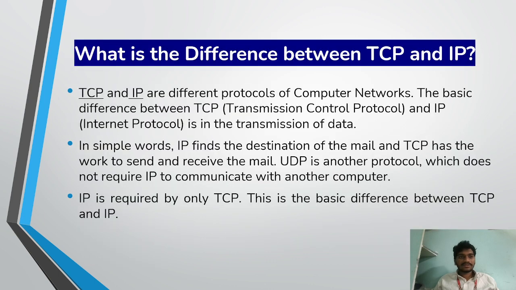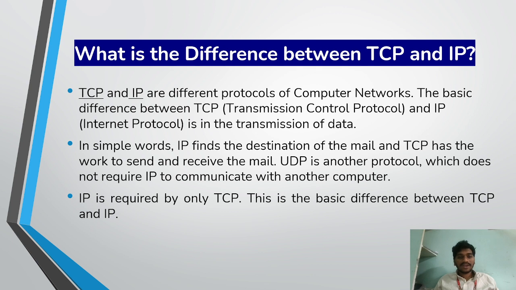Next, what is the difference between TCP and IP? TCP and IP are two different protocols of computer networks. The basic difference between Transmission Control Protocol and Internet Protocol is in the transmission of data. Both work on transferring data from a source computer to a destination, but the transmission process is different.